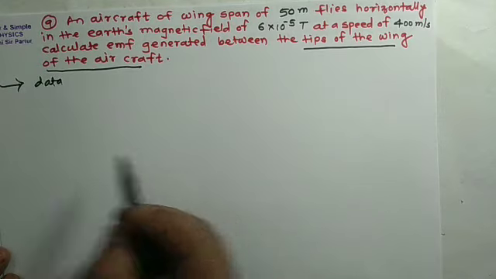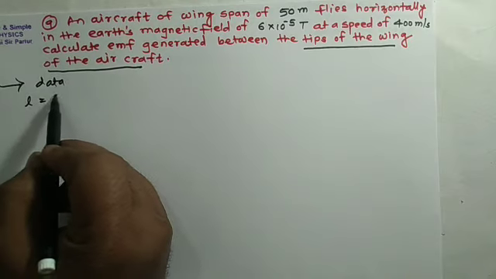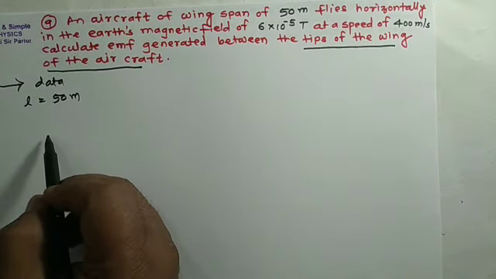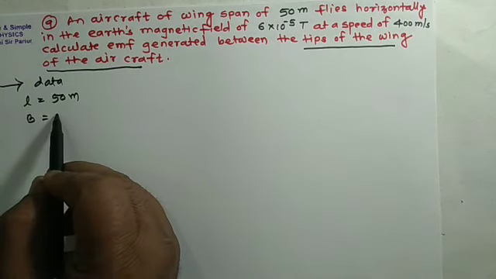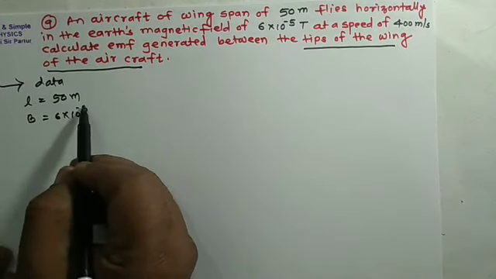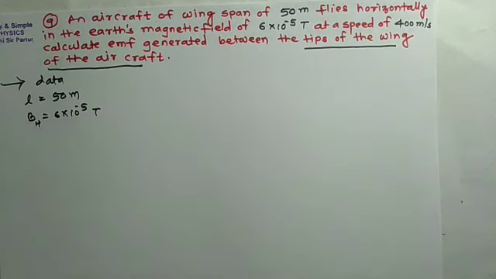The length of the wing span is given as 50 meter and the magnetic induction is given as 6 into 10 to the power minus 5 Tesla. That is the horizontal component of the magnetic induction, BH, and here it will be BV.